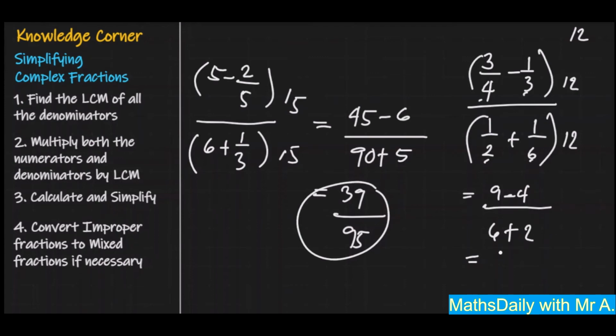So this will give us 9 minus 4 is 5 over 6 plus 2 is 8. This is our final answer.